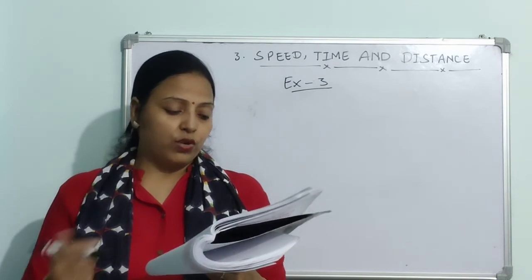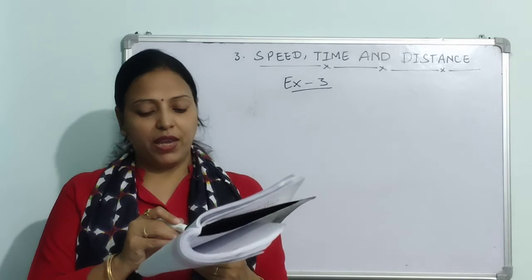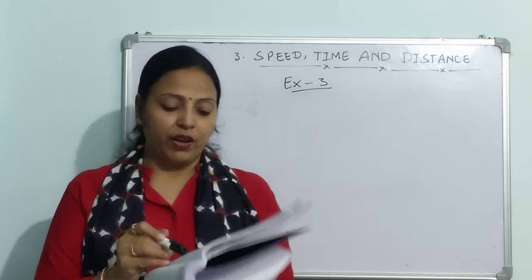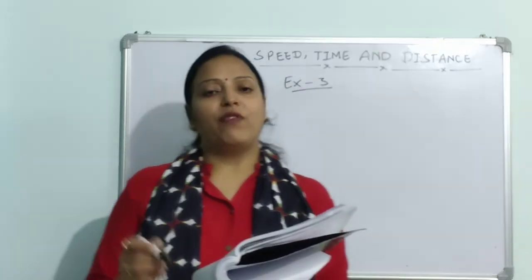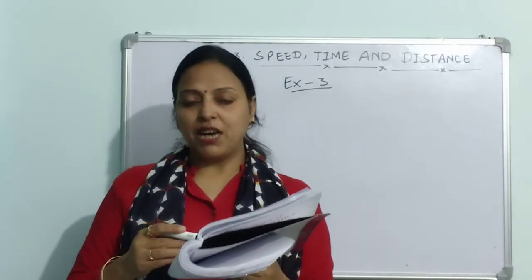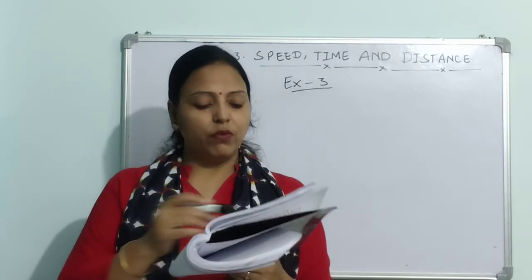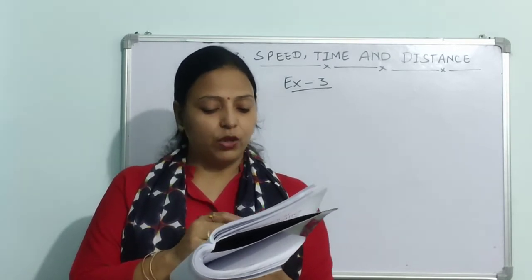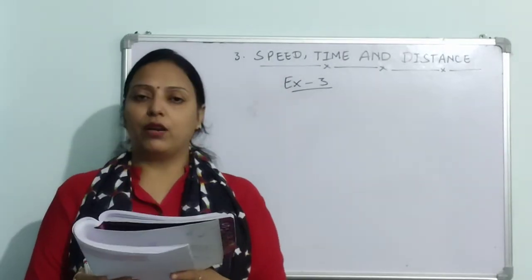So in first part, time is given and distance is given, you will calculate speed, and in second part it is asked how long will it take to cover 240 km. So in this second part you have to calculate time.